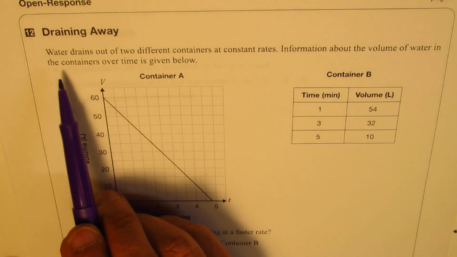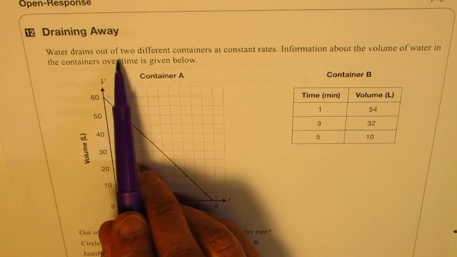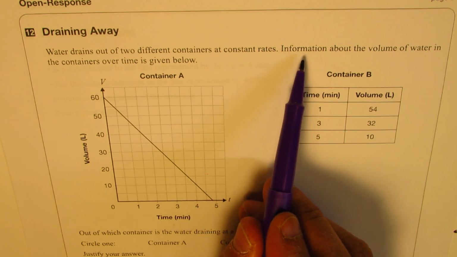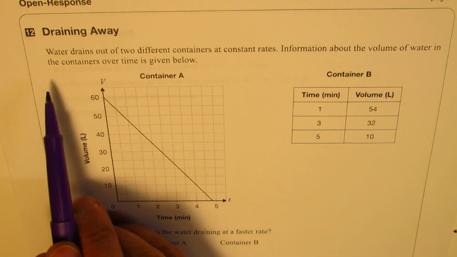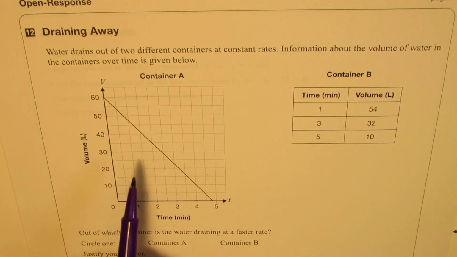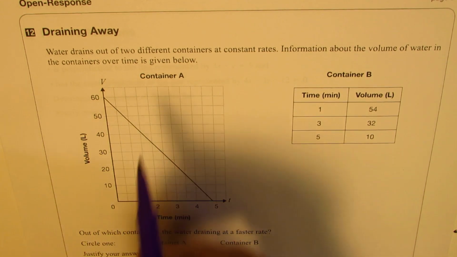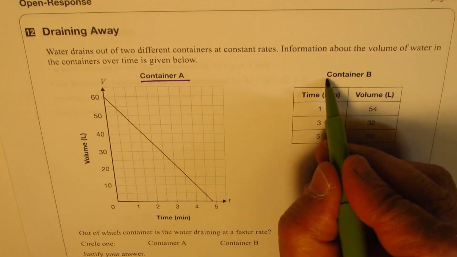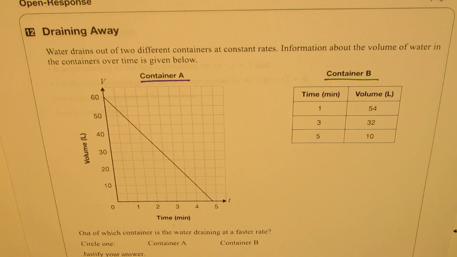The question here is, water drains out of 2 different containers at constant rates. Information about the volume of water in the containers over time is given below. So this one is the graph for container A, right? And here we have container B, which is the information given in form of a table.